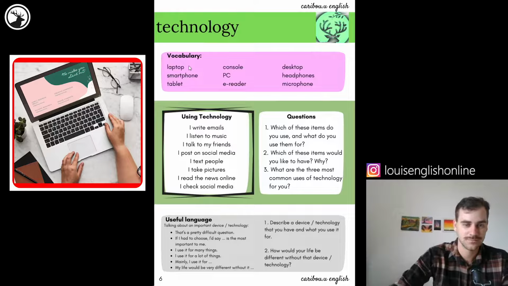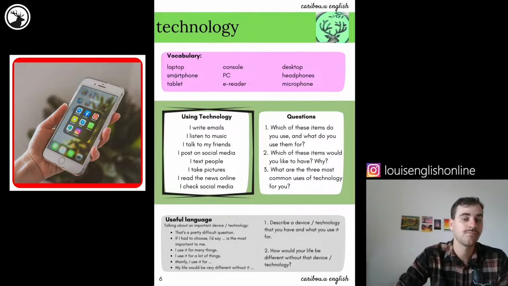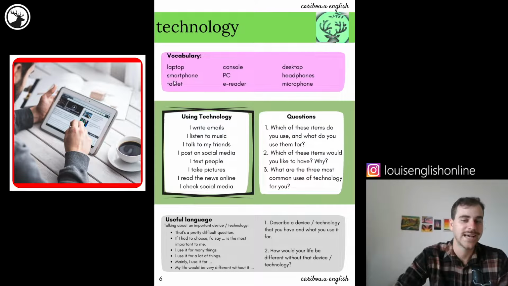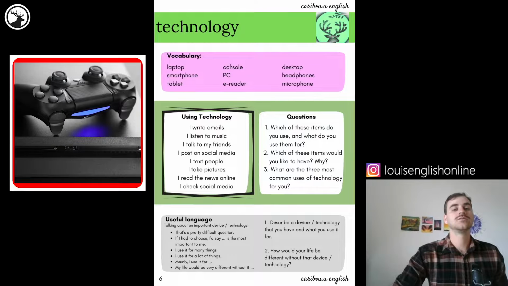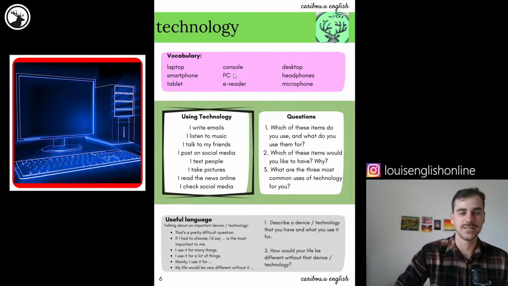Laptop. Smartphone. Tablet. Console. PC.